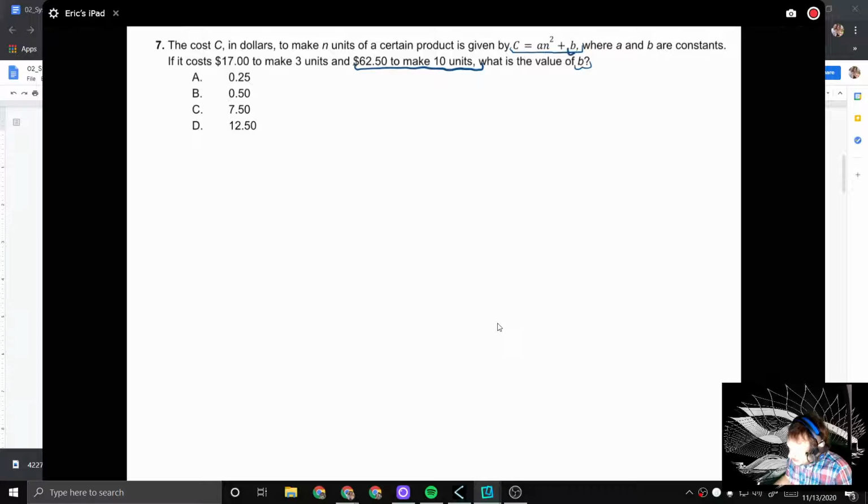So we have a constant here, and if we plug 3 in for n, then we're going to get $17 for C.